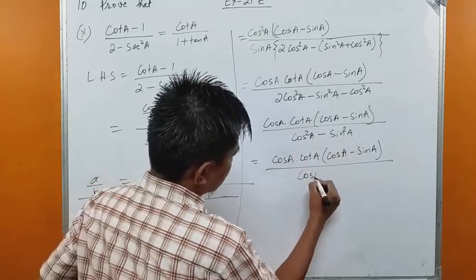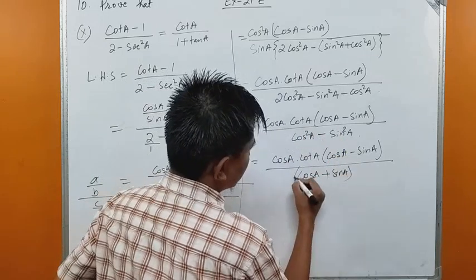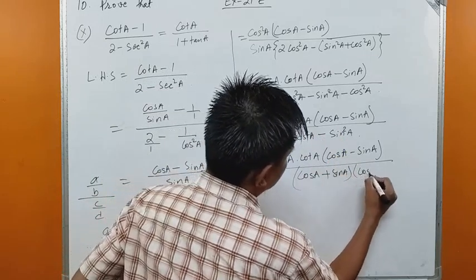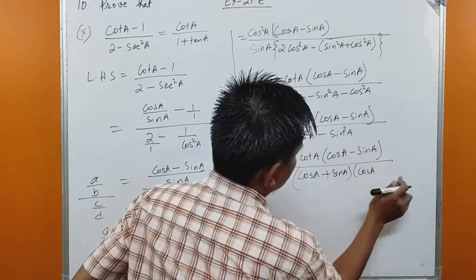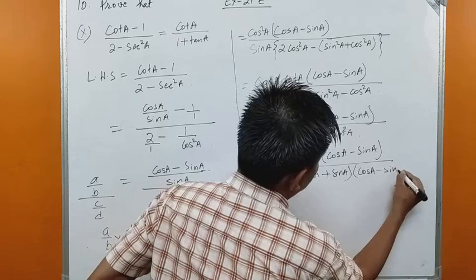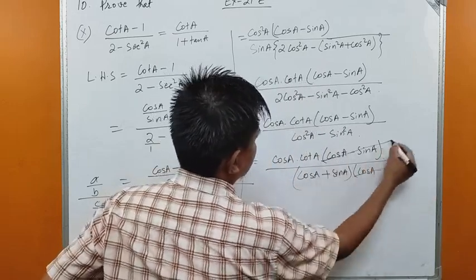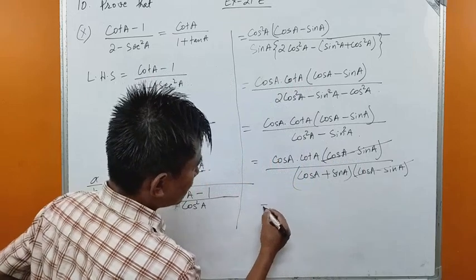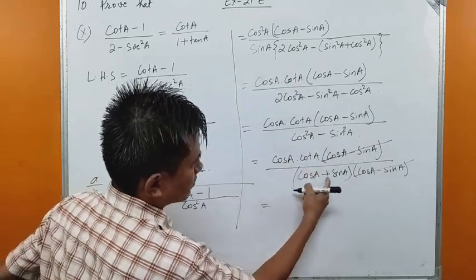So cos A plus sin A into cos A minus sin A. So this cos A minus sin A and cos A minus sin A can be cancelled. Now we have cos A into cot A by cos A plus sin A.